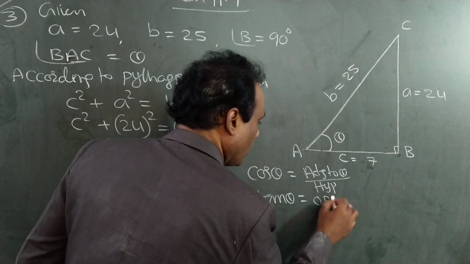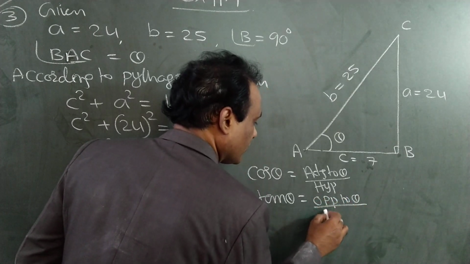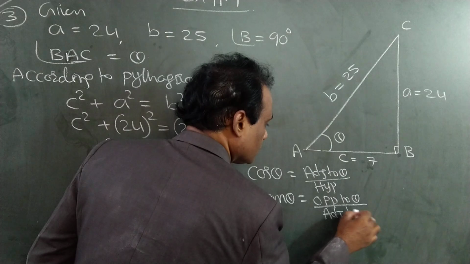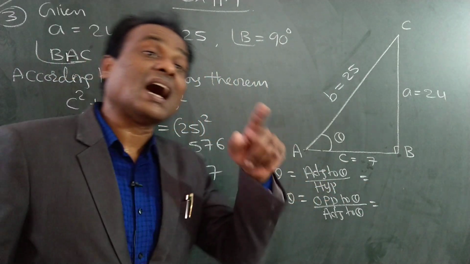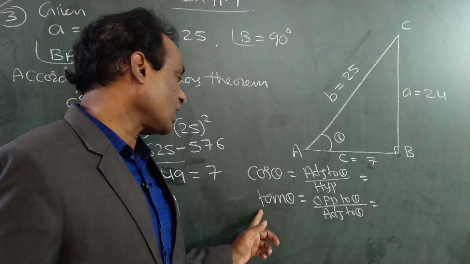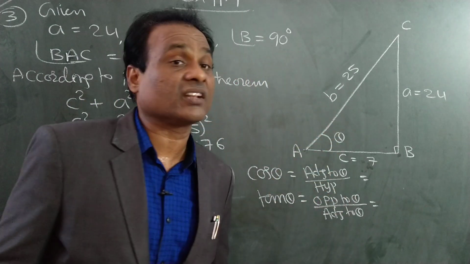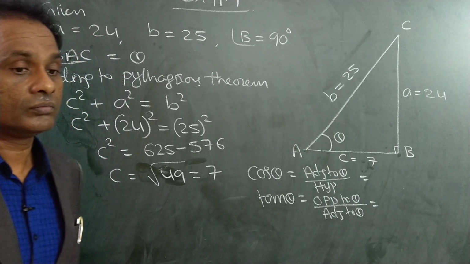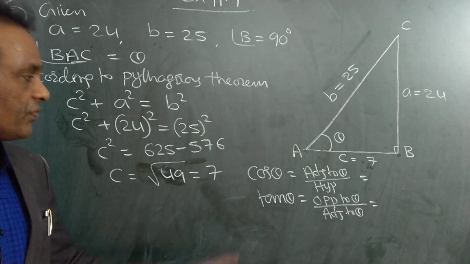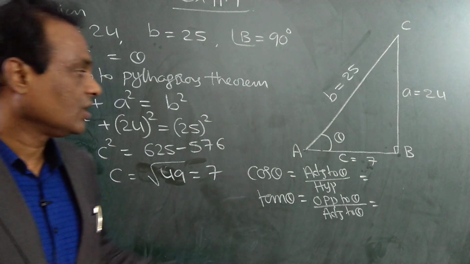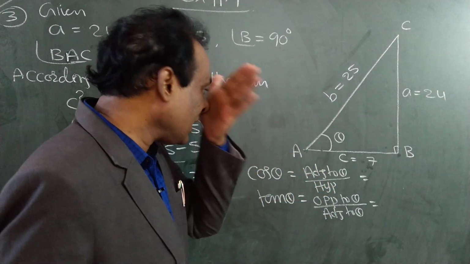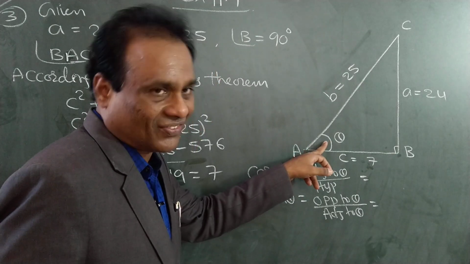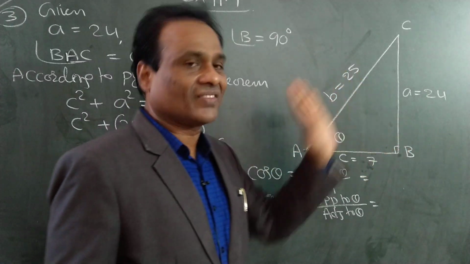Tan is opposite by adjacent. See the formulas I gave. In this, which is theta? This is theta. So I will name the three sides.